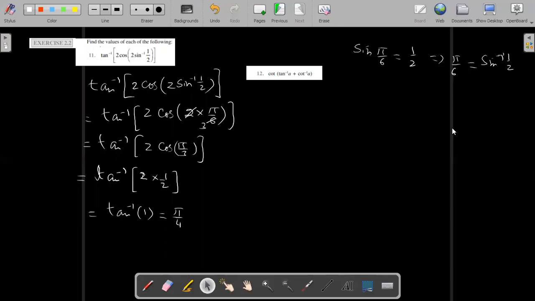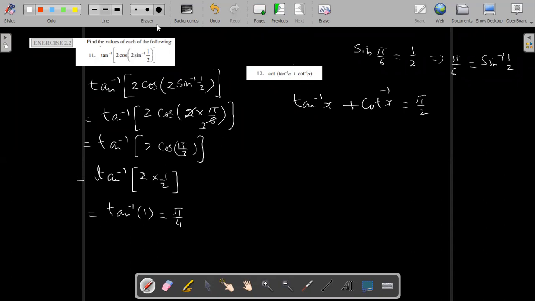Very simple question. It is based on one formula. If you remember, when we discussed the formulas, we have seen one formula, tan inverse x plus cot inverse x is equal to pi by 2.